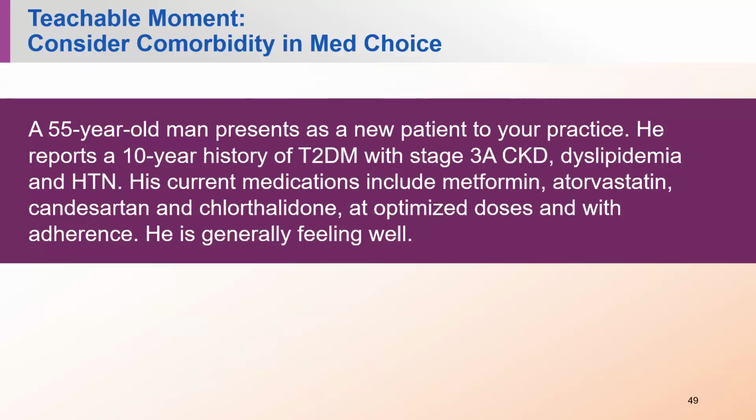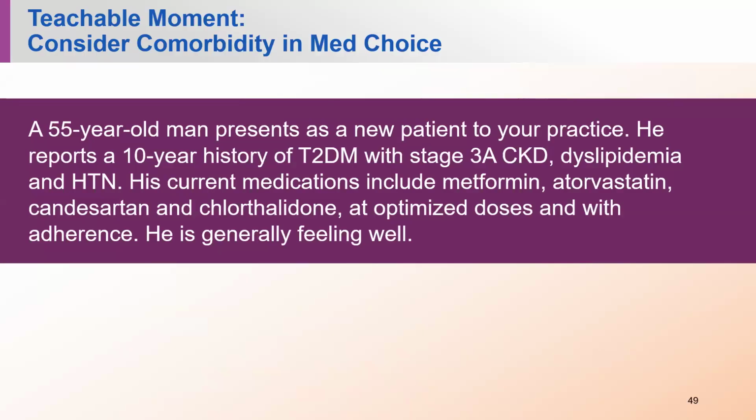A 55-year-old man presents as a new patient to your practice. He reports a 10-year history of type 2 diabetes with stage 3A CKD, dyslipidemia, and hypertension. His current meds include metformin, atorvastatin, candesartan, and chlorthalidone at optimized doses and with adherence.